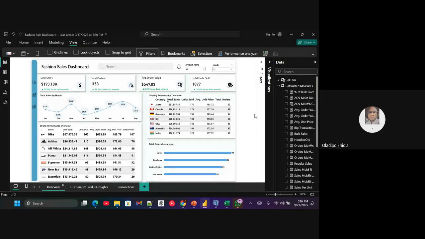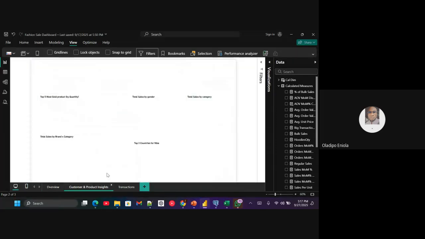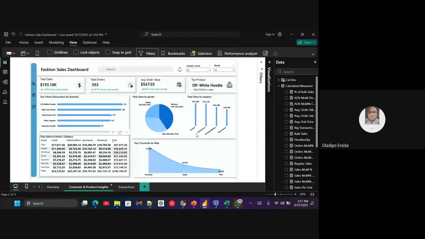Well, every other thing looks good. I mean, your KPIs are well arranged, well aligned to some extent here. And the integration of icons, I must comment on that, well done, good one. The customer and product insights, let's see. Yeah, this one also is cool, but it just feels like you didn't do much work on the charts.